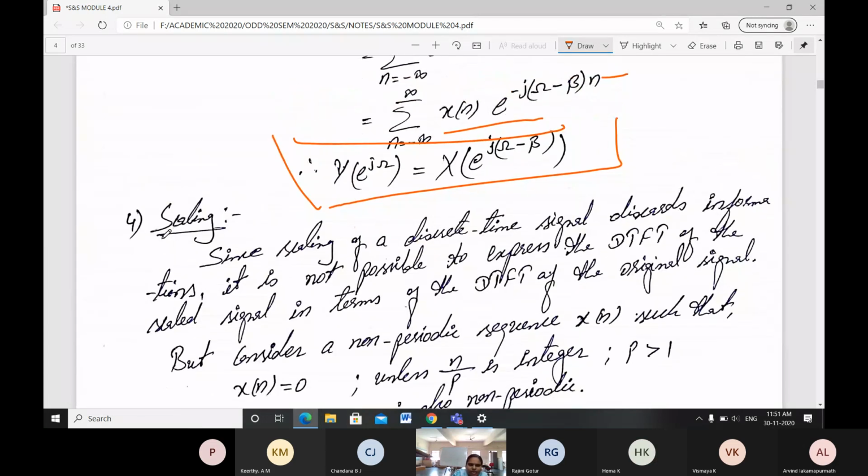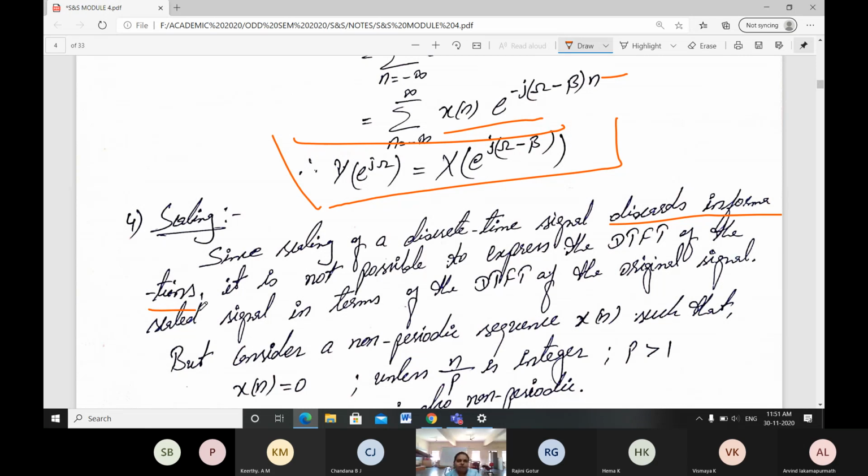Then about the scaling. The next property is scaling. Since scaling of a discrete time signal discards information, we know that in the first module we learned that when I go for the scaling operation, for continuous time the signal is just scaled, it may be compressed or it may be expanded.